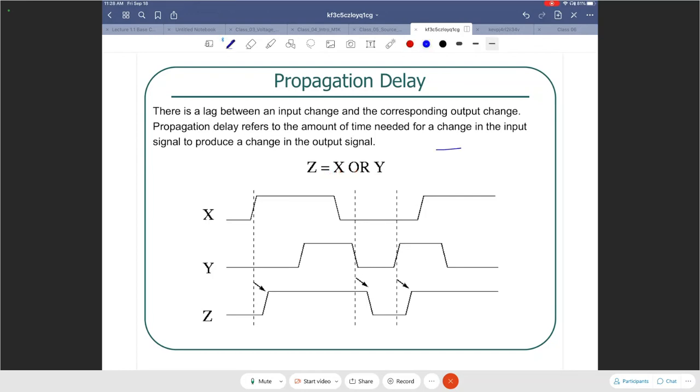We are saying X is an input, Y is an input going through an OR gate, and Z is the output. It's an OR functionality. So when X changes, for example, see what happens. These are timing diagrams, right? The x-axis is time, y-axis is amplitude. So let me just sketch that.